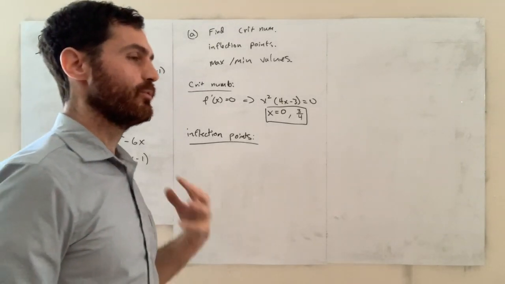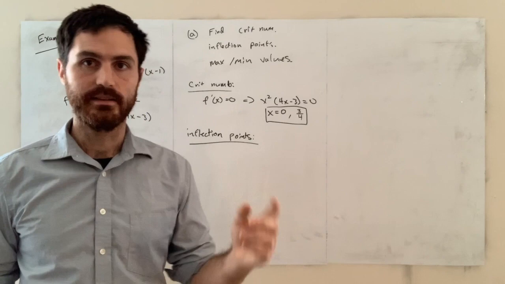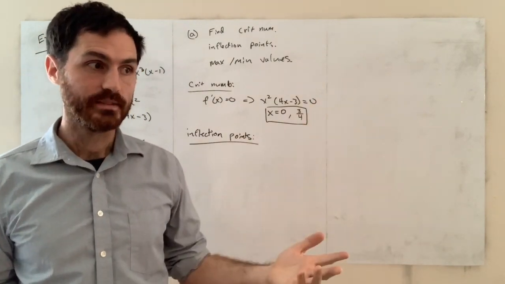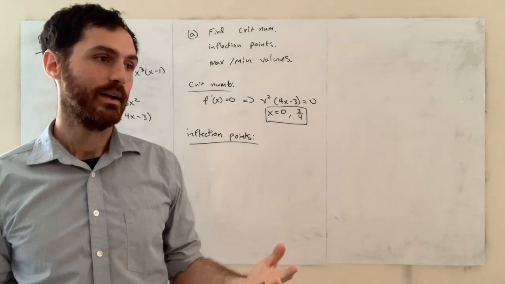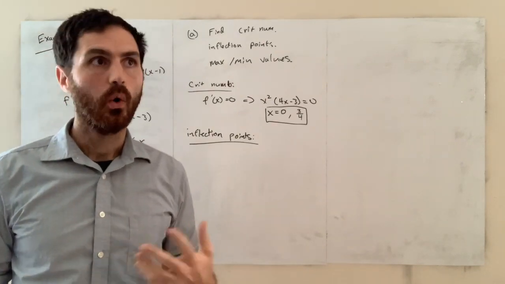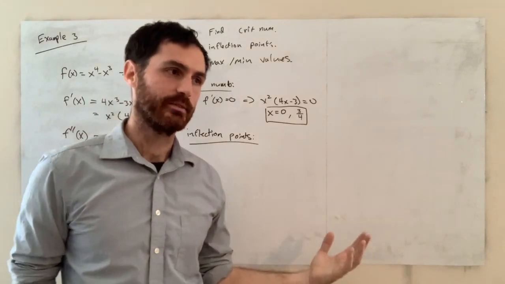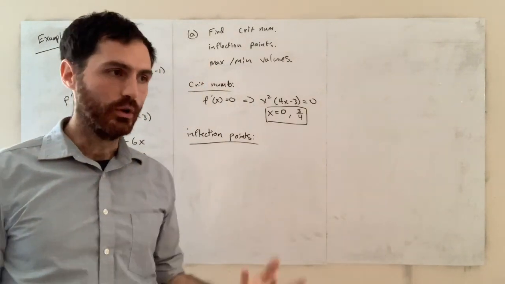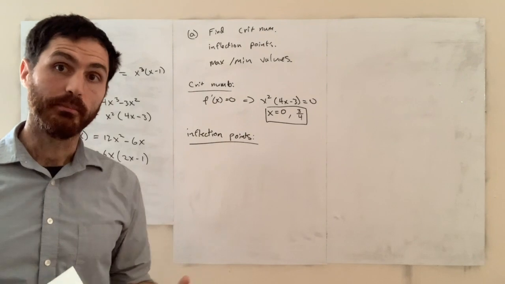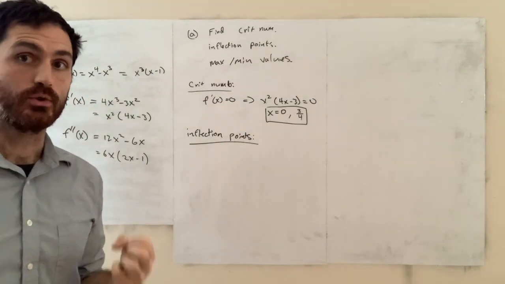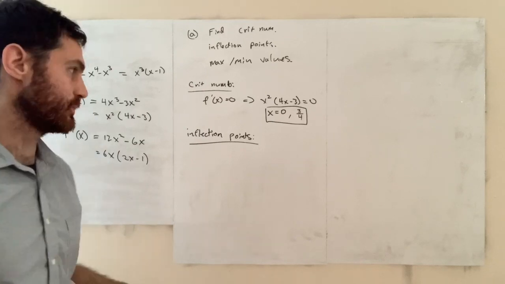And if we think of the second derivative as a function on a number line, that's where it's going to cross the x-axis, or potentially where there's an asymptote on this function. So again, you want to look for the critical numbers of the second derivative, and then you want to apply the first derivative test.